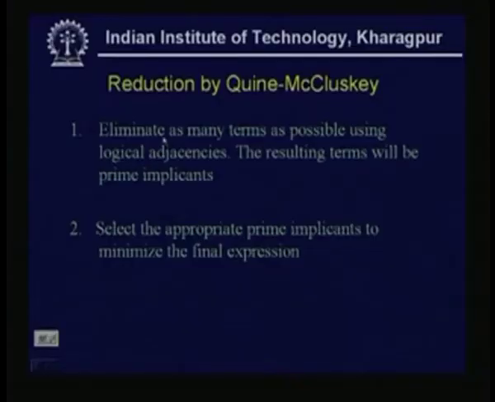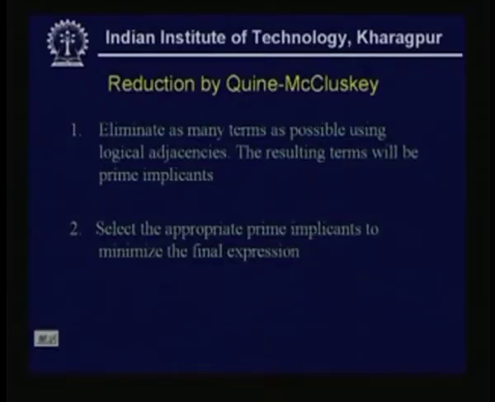The rule is to eliminate as many terms as possible using logical adjacencies. The resulting terms will be prime implicants. So, mainly the reduction principle of the K-map is to notice the adjacencies, because grouping is done by adjacencies.